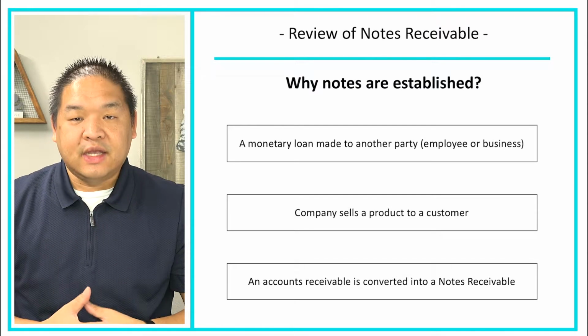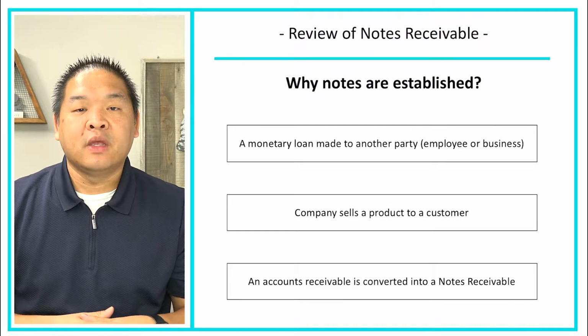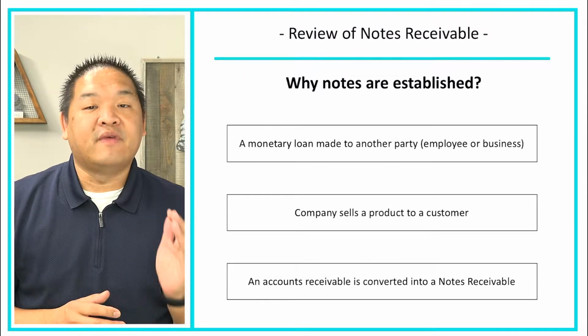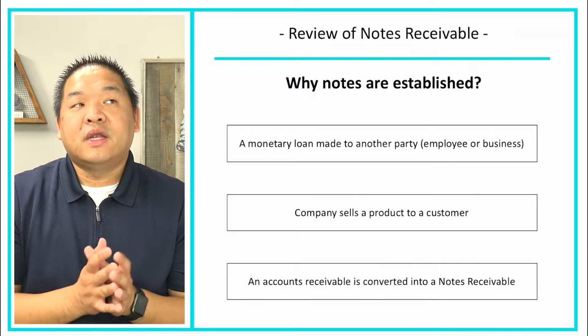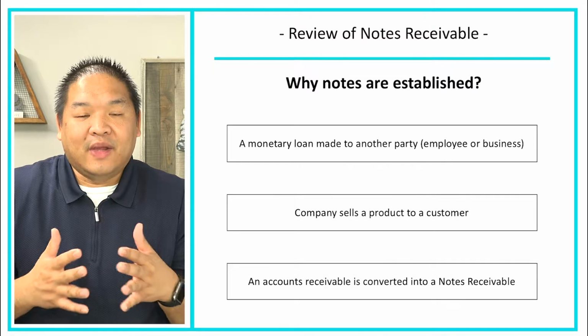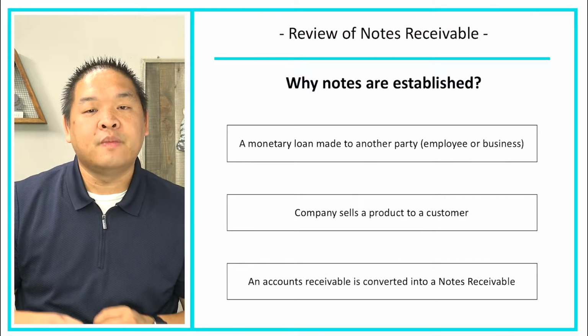The last one here, the accounts receivable is converted into a notes receivable, typically when a customer has defaulted on their accounts receivable, they haven't paid us, and then we get a hold of them and they're willing to pay us, but they need a little bit extra time. So we sit down and we say, okay, we're going to convert it from an accounts receivable to a note.